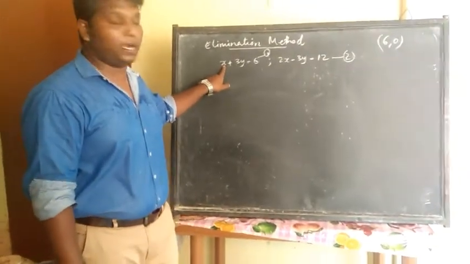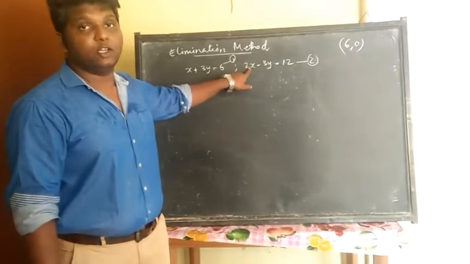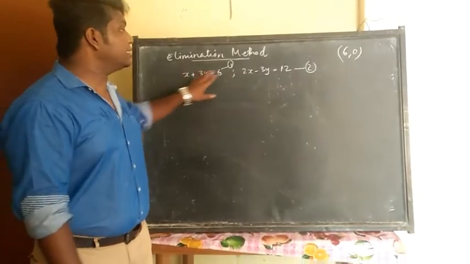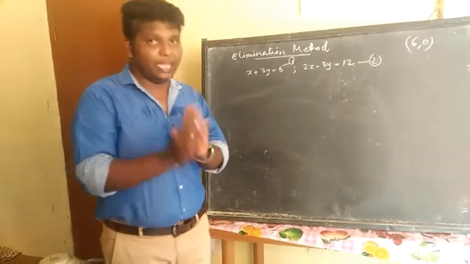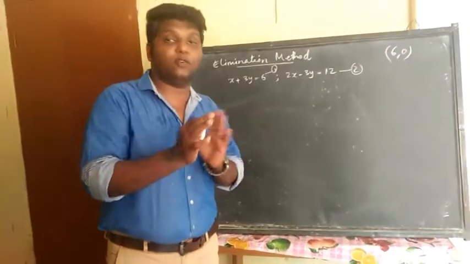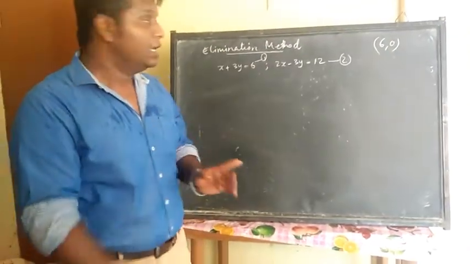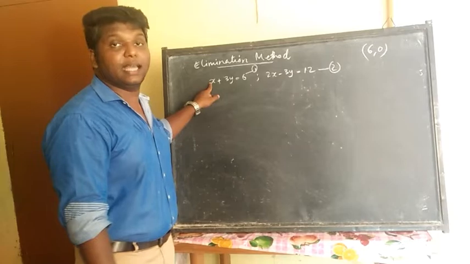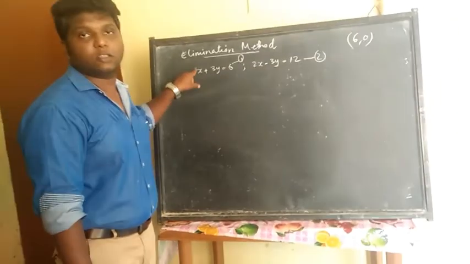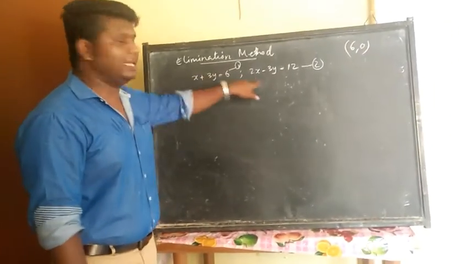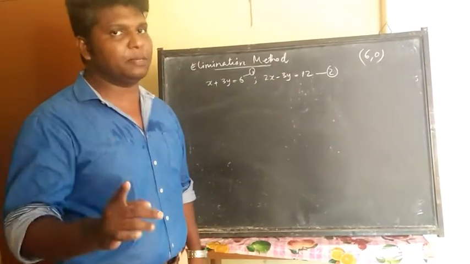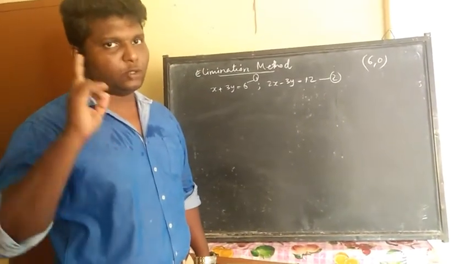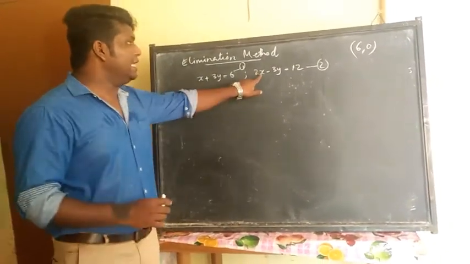Here you can see the coefficient of x is 1. Here the coefficient of x is 2. And you have to take the LCM of the coefficients. If you want to equalize the x value, you can take the LCM of the coefficients of x. Here it is 1 and here it is 2, therefore the LCM is 2, right? So the LCM is 2.